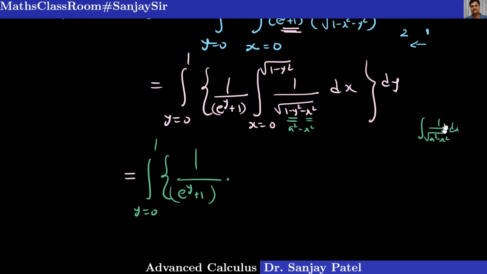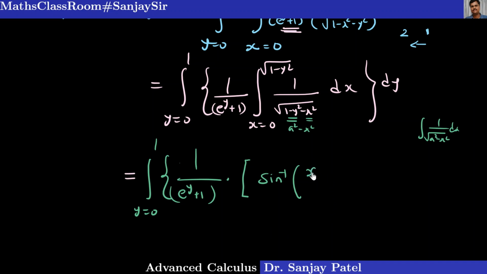What is that? It is sine inverse of x by a. So your a is this thing, the square root of 1 minus y square. So I must write the integral of this as sine inverse x upon a.